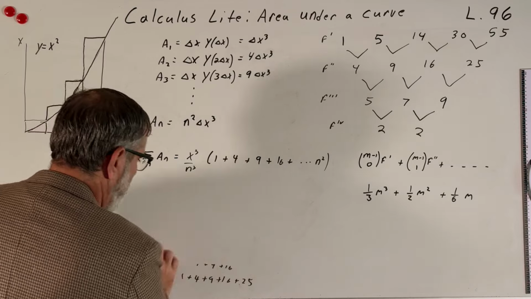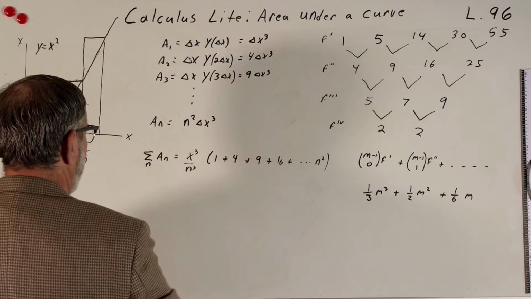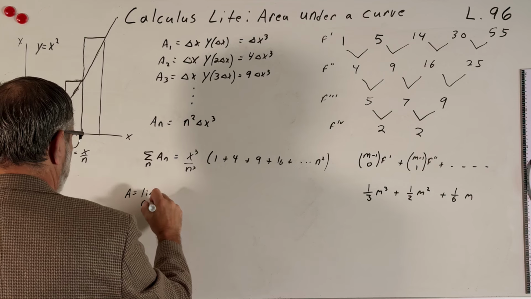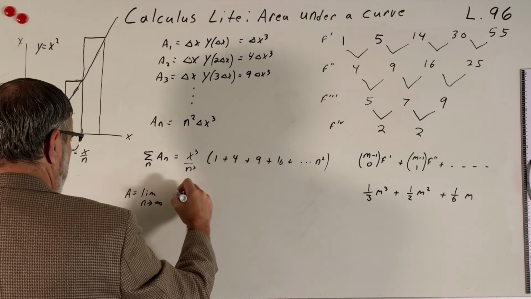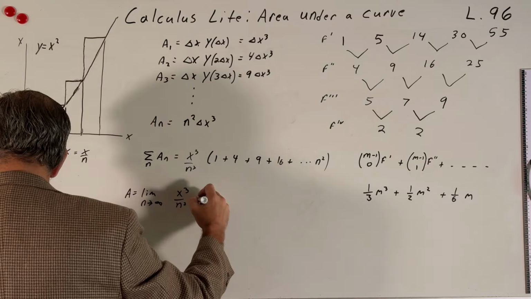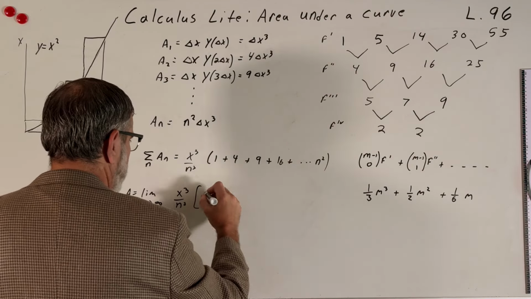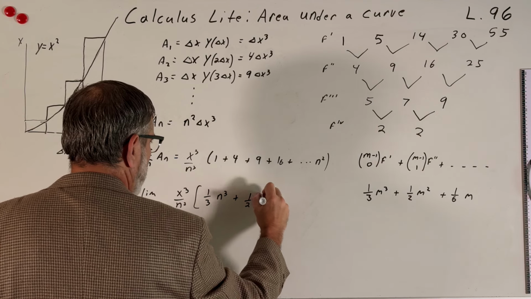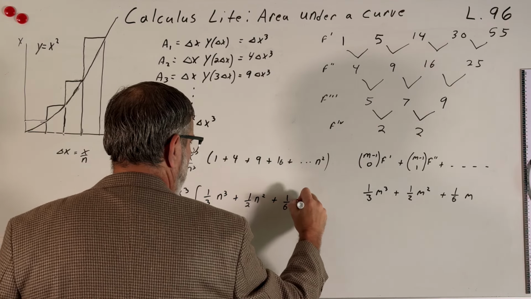So if I substitute that back in here and take the limit like I did before, the area is the limit as n approaches infinity of x cubed over n cubed. I'm just going to switch m's for n's just so we're consistent. All times this, so it'll be 1/3 n cubed plus 1/2 n squared plus 1/6 n.